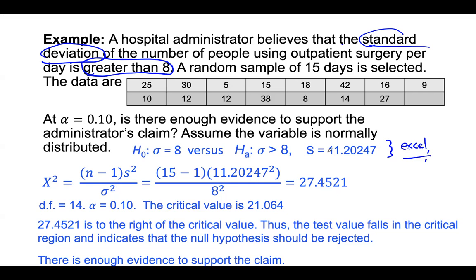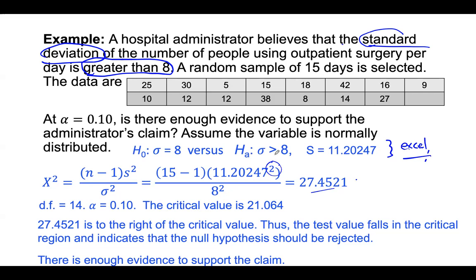We can compute this using Excel. And because this is the standard deviation of the sample, we have to remember to square it. Because it's squared, we square this and we get 27.4521.